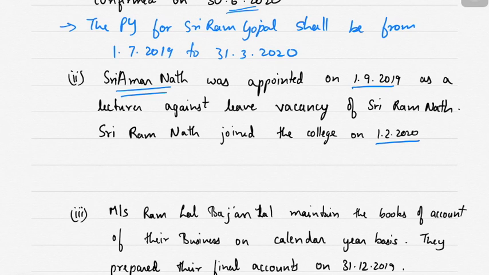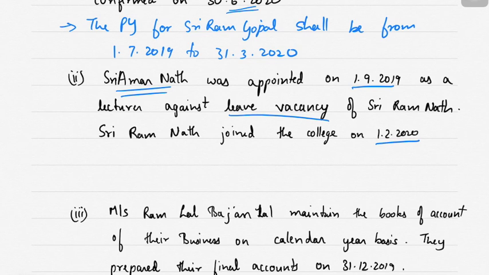Now what is leave vacancy? Leave vacancy means when one person goes on leave, during that period somebody else joins and that person is there only for that period. This mostly happens during maternity leaves. Suppose a teacher is on maternity leave, there would be another teacher for 3 months or 6 months. So leave vacancy happens mostly for maternity leaves.